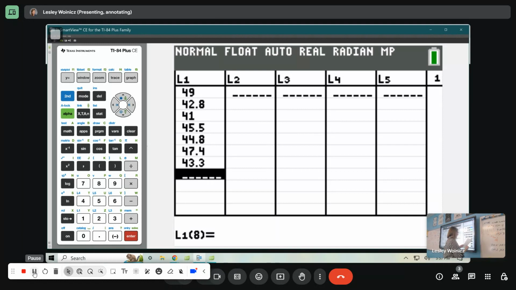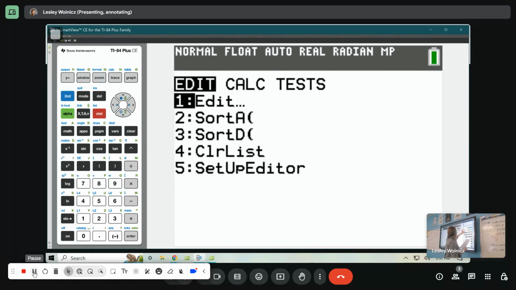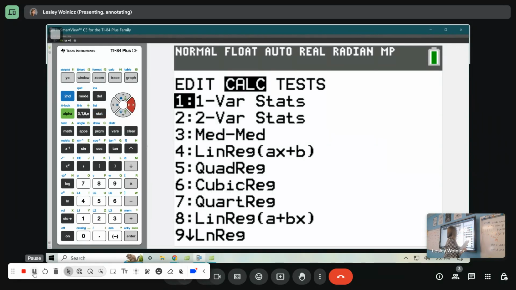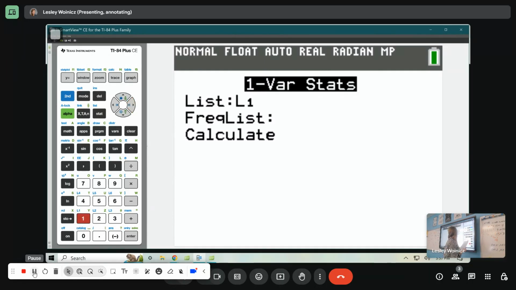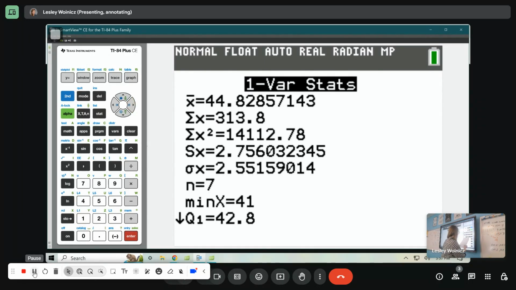Okay. So now I'm going to run my one variable stats for the actors. Stat, calculate. I'm going to pick number 1, one variable stats. I'm going to write these down so that I'm not going to be toggling back and forth the entire time.